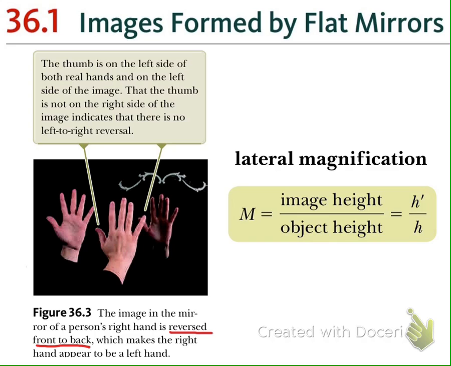And for the plane mirror, we know that h prime is equal to h. Okay, so the lateral magnification m is equal to 1. Okay, it's equal to 1 because we can see the same size of the image when we compare with the size of the object. Okay, but there is something about the size when we calculate the lateral magnification that we will talk about soon.